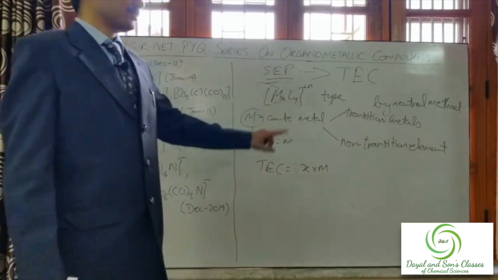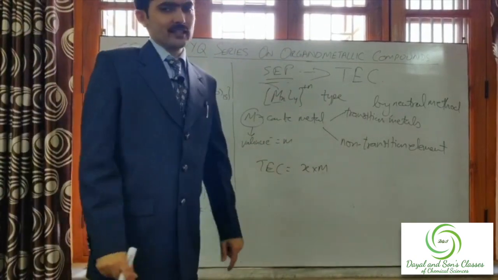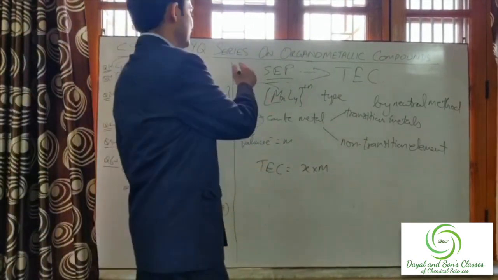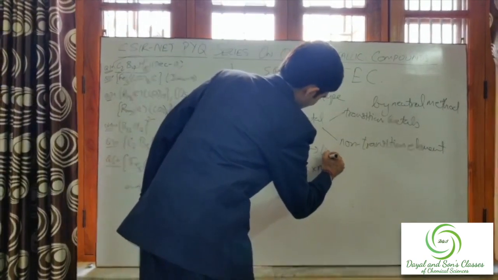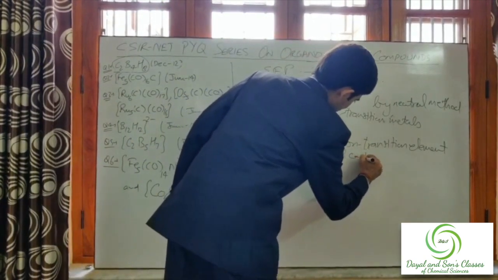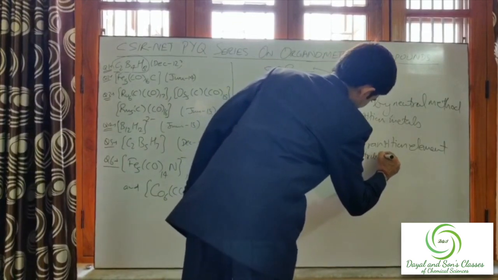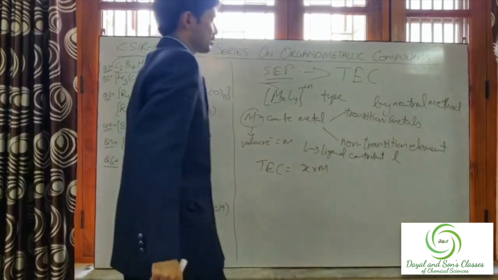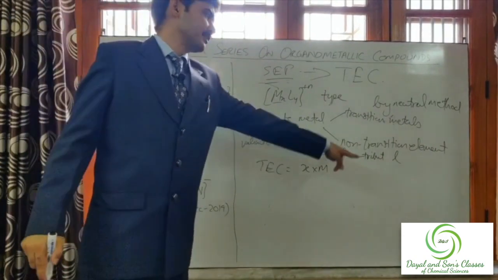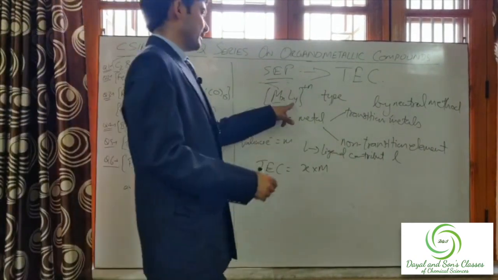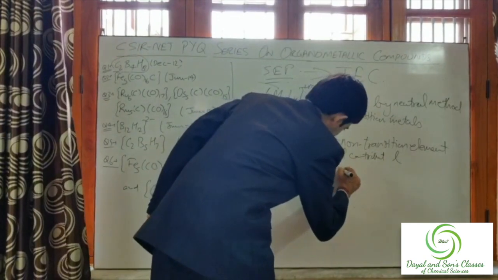After that, we come to L, where L is any ligand. Let's say this L, which is a ligand, contributes l electrons. Each L contributes small l electrons. Then for y ligands, it will be y into l electrons.